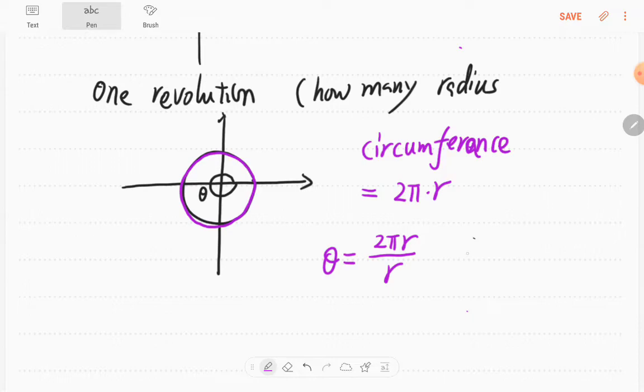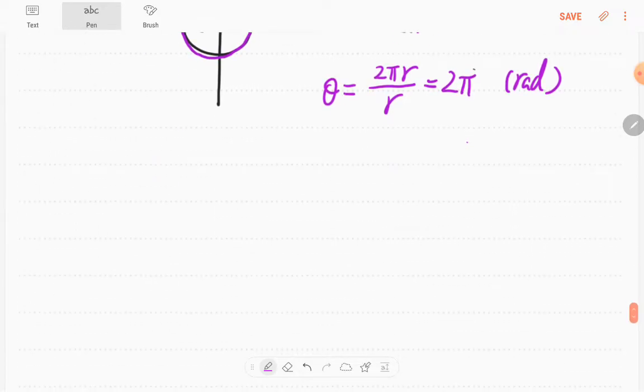So this is 2 pi r over r, which is equal to 2 pi radians. Most of the time we just suppress radians, that means we say theta equals 2 pi, meaning 2 pi radians. So half a revolution is equal to pi radians.